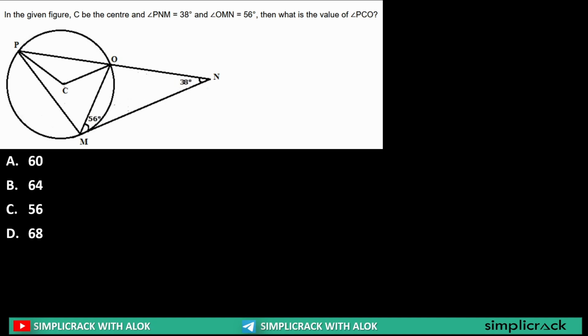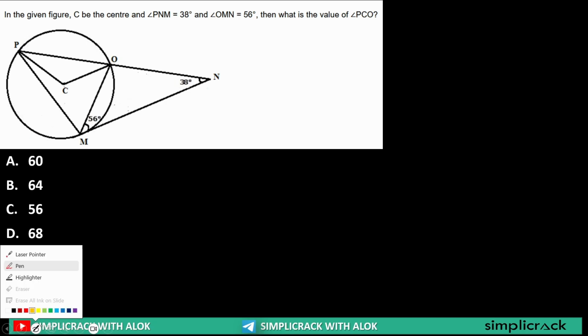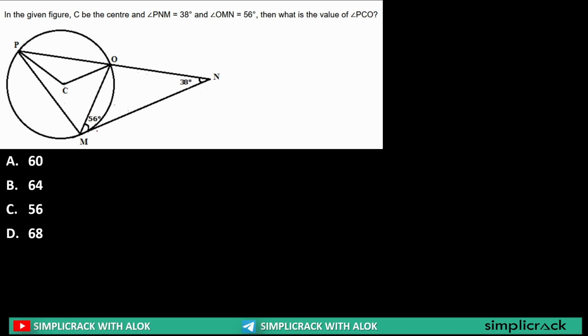Now, see, as I have already informed you in the alternate segment formula, let me change the color first. In the alternate segment formula, 56 degree is equal to 56 degree. So the value of P is equal to 56 degree.